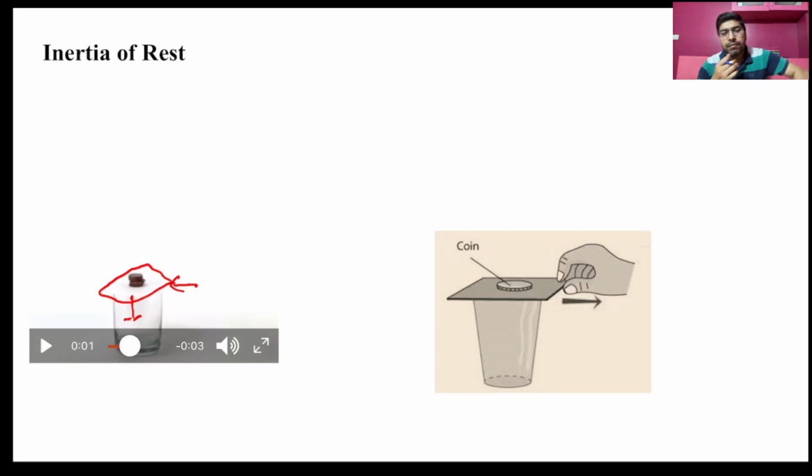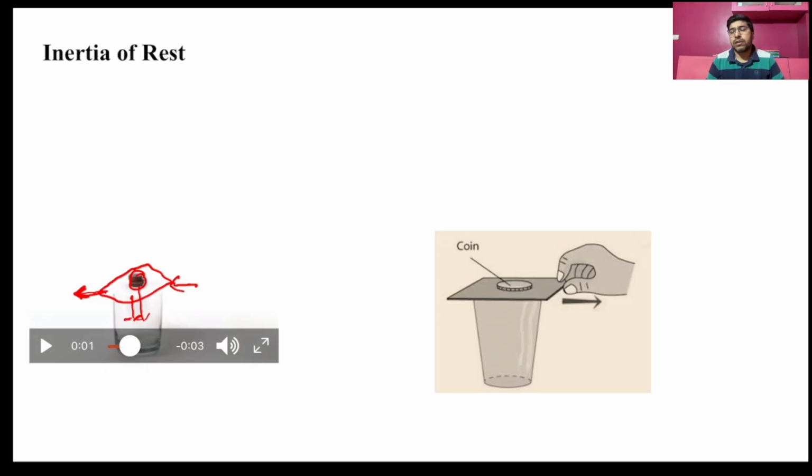Why? Because see, the coin has some inertia. This card also has some inertia. But when we are moving this card quickly, this card is going to accelerate, but due to inertia, this coin tries to stay in the same state and it falls down into the glass. Understood? Because of the inertia of this coin.